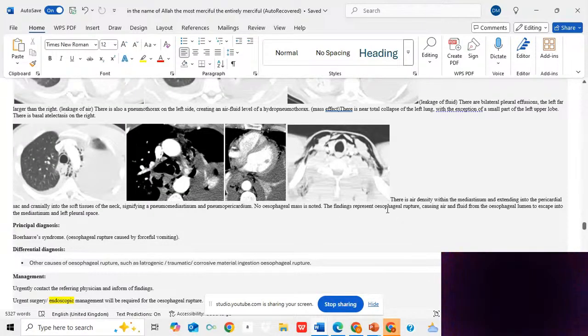The findings represent esophageal rupture causing air and fluid from the esophageal lumen to escape into the mediastinum and left pleural space.